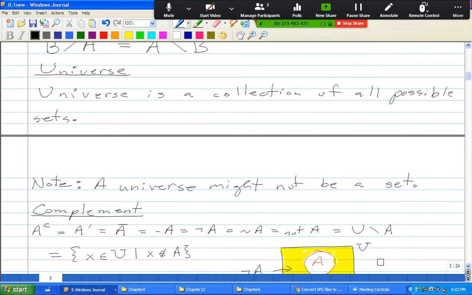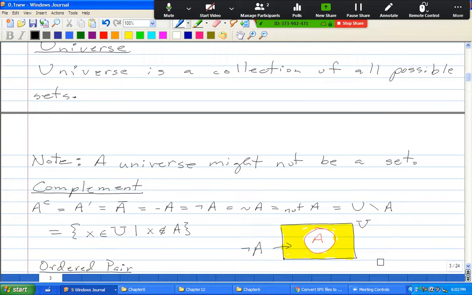Complement. So the complement of a set. Denoted by, well, several different ways.